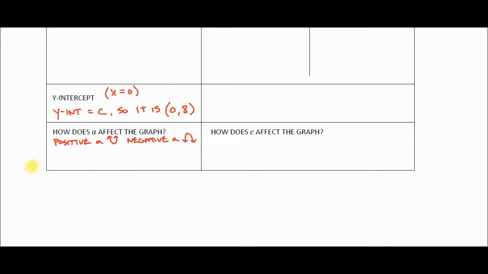And we know that as the absolute value of a increases, as the absolute value of a gets bigger, the graph stretches.